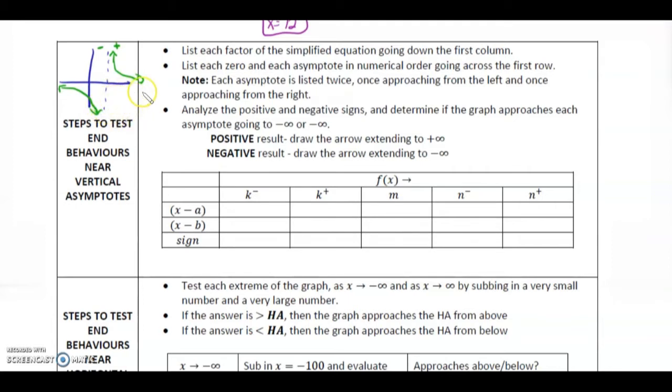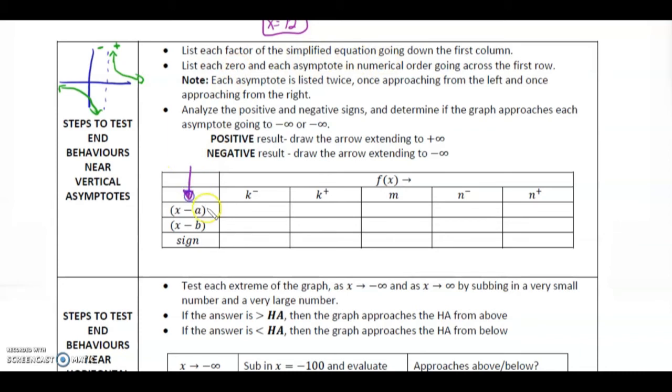This is the way we need to test every single time we have a rational function. We need to test whether we're approaching that vertical asymptote from the left and the right, approaching infinity or negative infinity. So what we're going to do is list each factor of the simplified equation going down the first column.